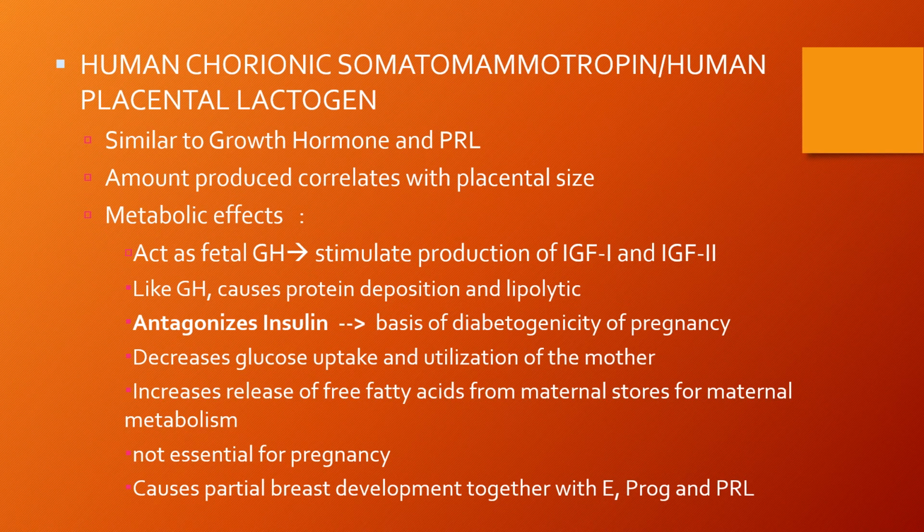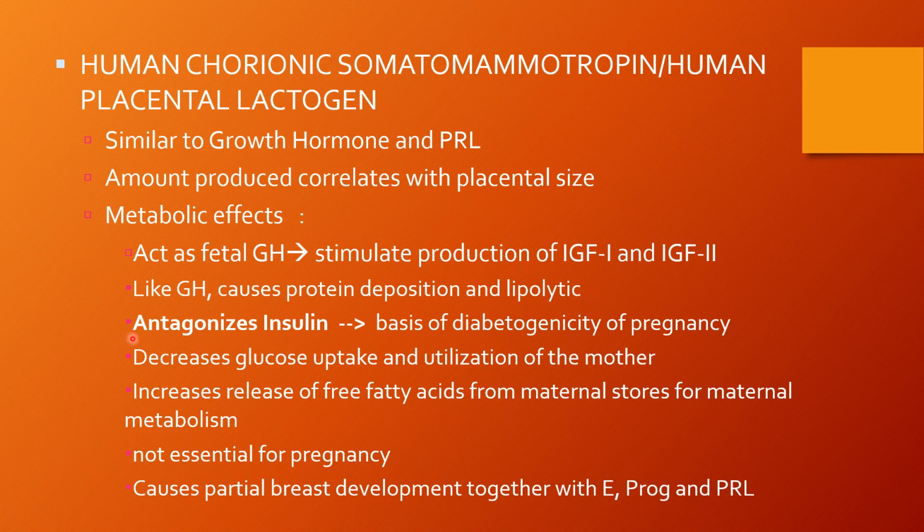So your human chorionic somatotropin or human placental lactogen is very similar to your growth hormone and your prolactin. The amount produced correlates with your placental size. So what are the metabolic effects of this hormone? It acts as your fetal growth hormone. It stimulates the production of IGF-1 and IGF-2. Like your growth hormone, it causes protein deposition and is lipolytic.